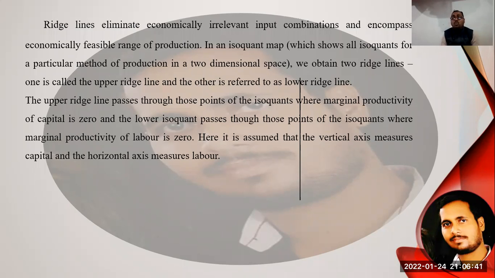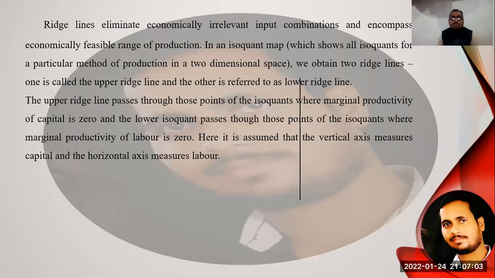We obtain two ridge lines. One is called the upper ridge line and the other is referred to as the lower ridge line. The upper ridge line shows the upper limit of capital and the lower ridge line shows the upper limit of labor.